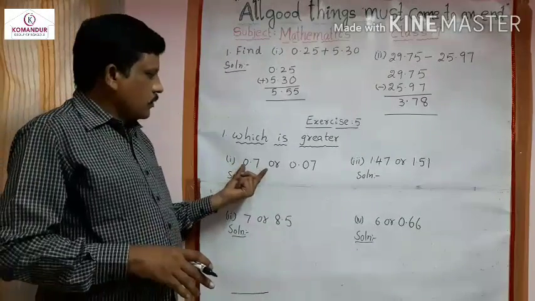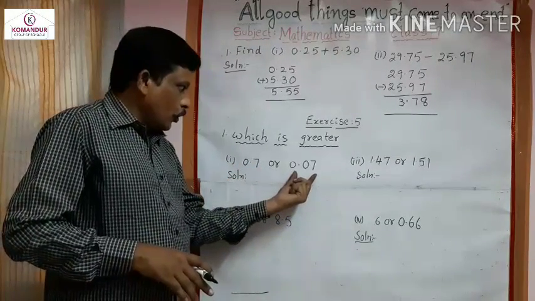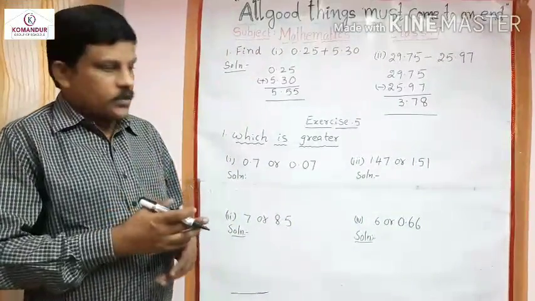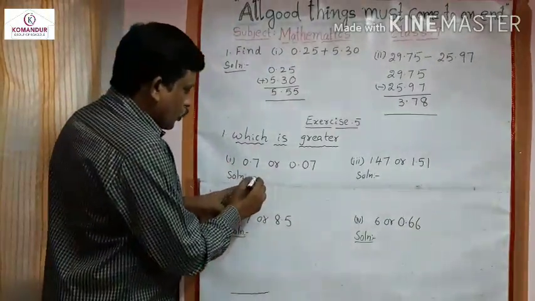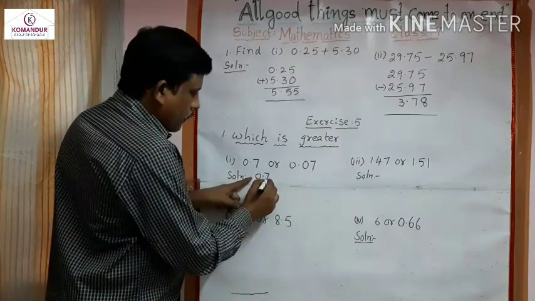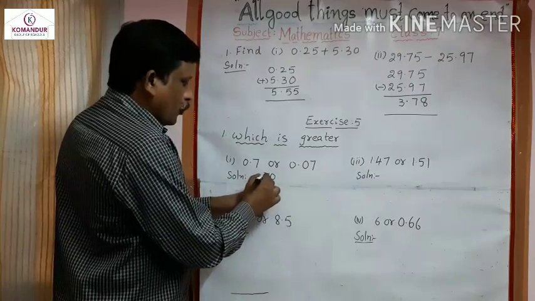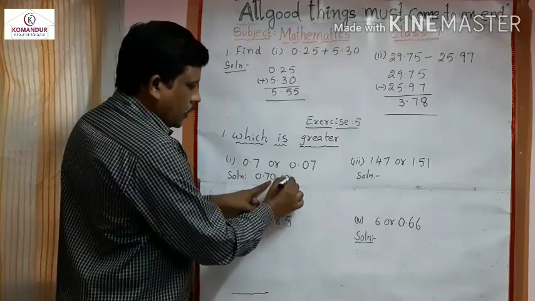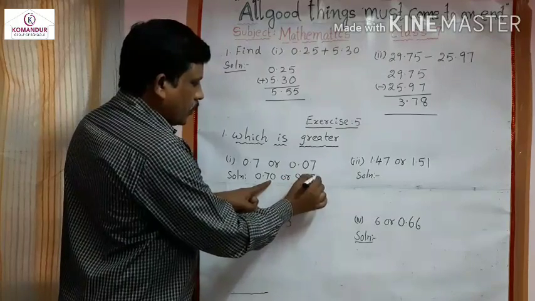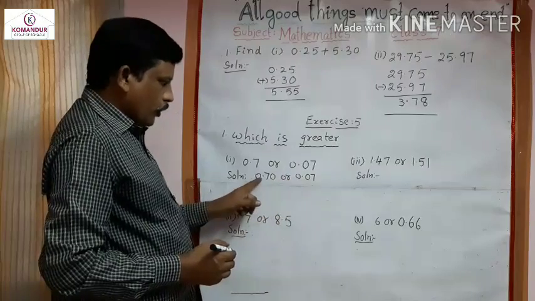First see this: 0.7 and 0.07. First convert into like decimals. How to convert into like decimals? 0.7 is given, after the 7 you put a 0. So 0.70 here and 0.07. Look at the first digit here, 0 and 0, both are the same.